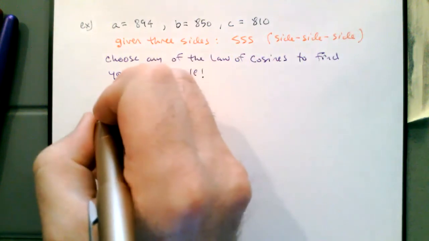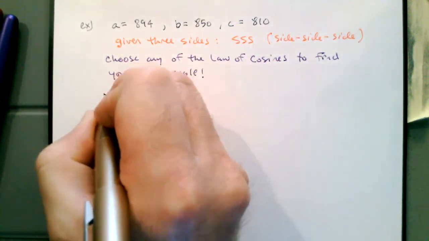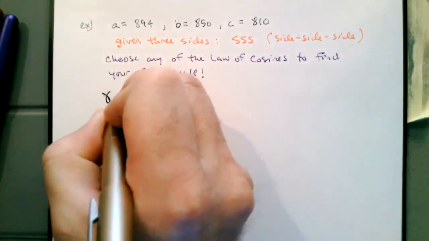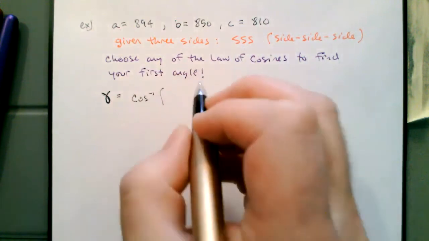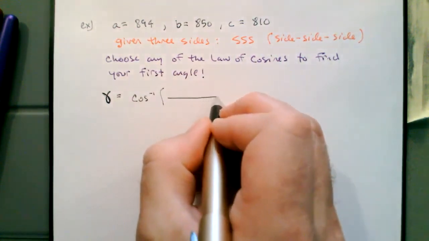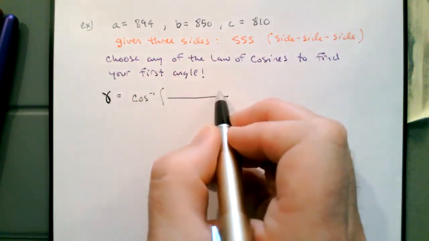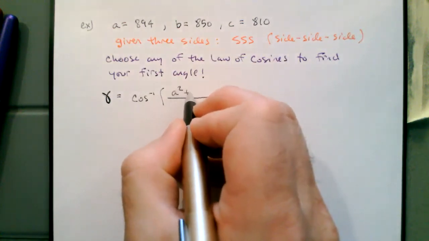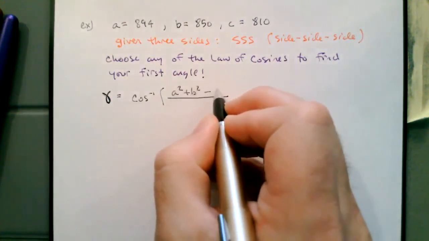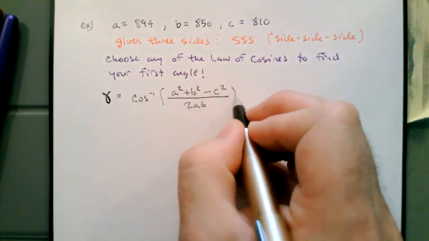So gamma, we're going to follow the same pattern. It's going to be the cosine inverse of the numerator. Since gamma is the angle and gamma is opposite C, C shows up on the opposite side of the formula. So it's going to be a squared plus b squared minus c squared over 2ab.